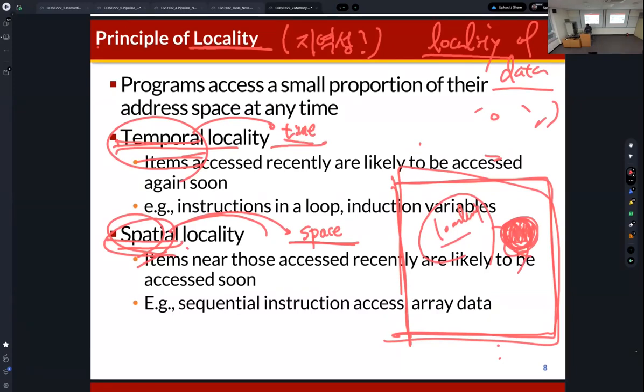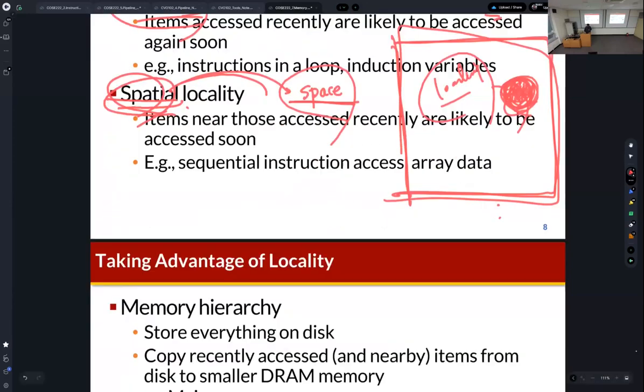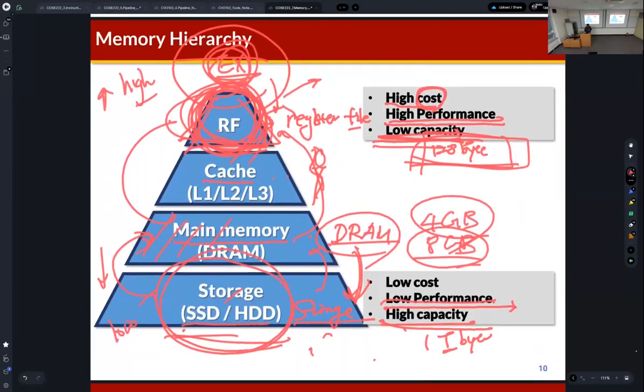Also, especially the close data is also accessed again and again. I mentioned the high-level memory is very expensive, and the size is small.